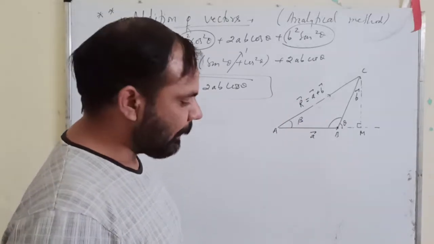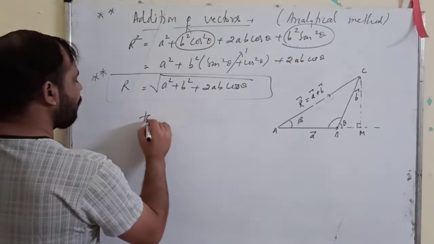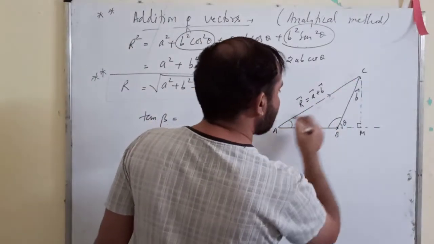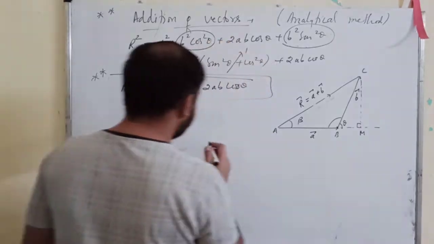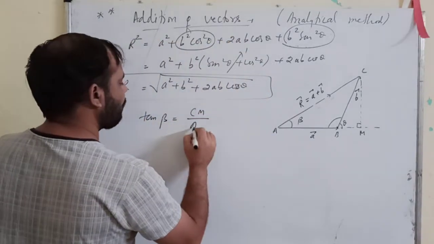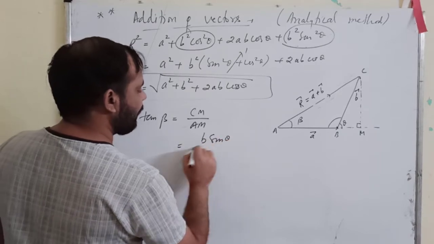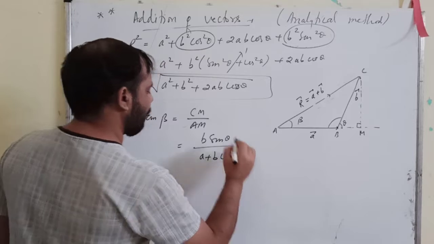So let us suppose that R vector makes an angle beta with the direction of AB vector or simply A vector. Here, how much will be your tan beta? Apply tan beta to this right triangle. Tan beta is Cm upon Am. Cm was B sine theta, upon Am which was A plus B cos theta.